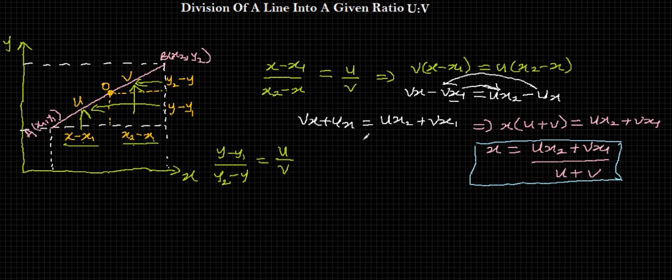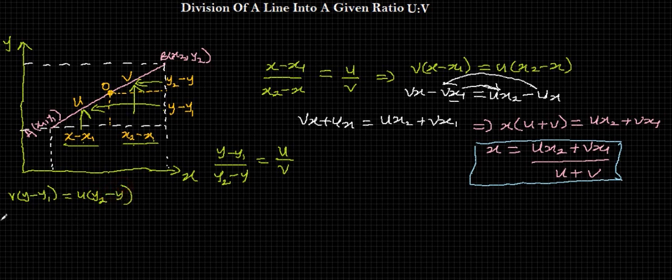So in a similar way, we are going to cross multiply, and we are going to have v into y minus y1 equal to u into y2 minus y.